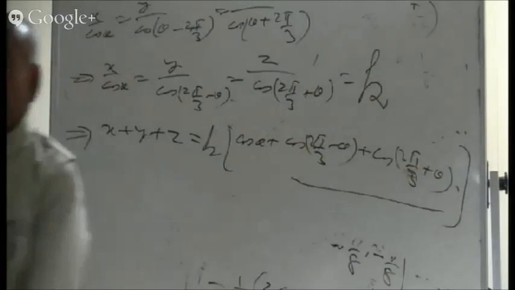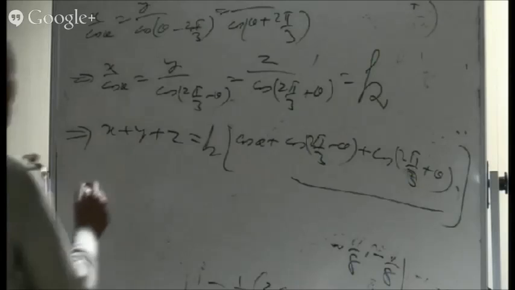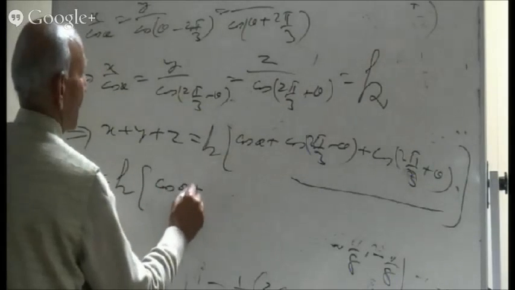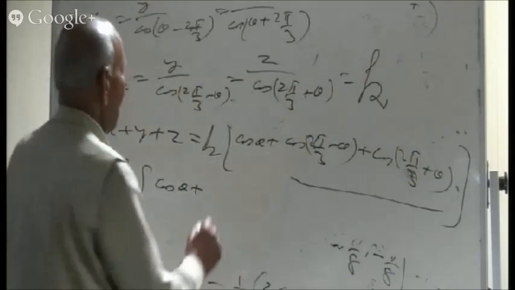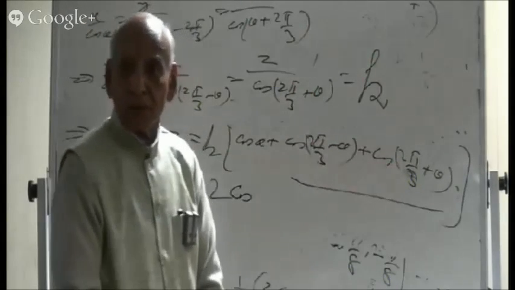What is cos x plus cos y? Cos x plus cos y is 2 cos of (x plus y) by 2 into cos of (x minus y) by 2. Please apply this formula. On applying this formula, what will we get? k into cos of theta plus twice cos of (a plus b) by 2.